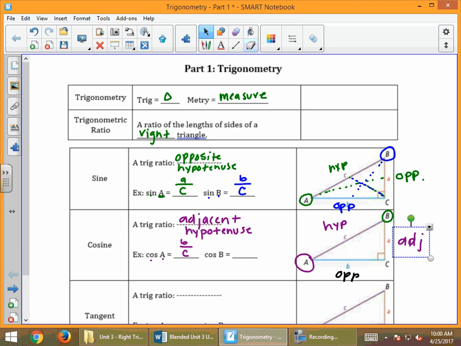So to set up that ratio for B, it's just going to be adjacent over the hypotenuse. So A over C.